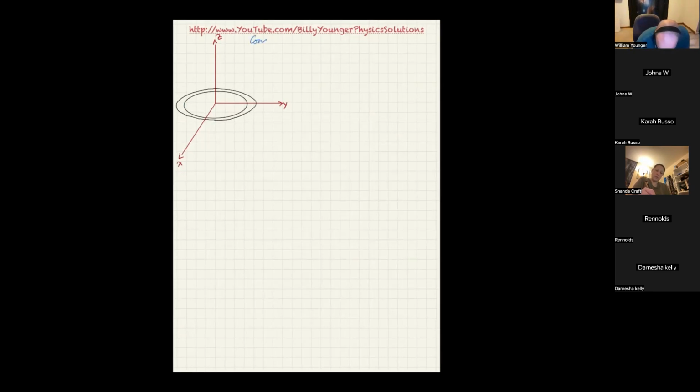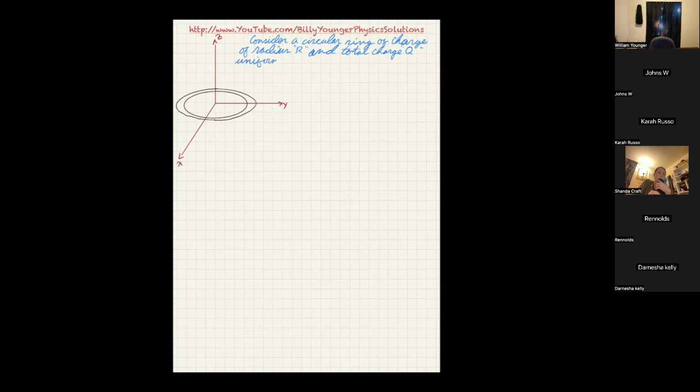So consider a circular ring of charge of radius big R and total charge Q uniformly distributed along the ring.